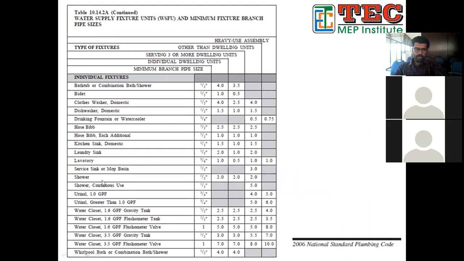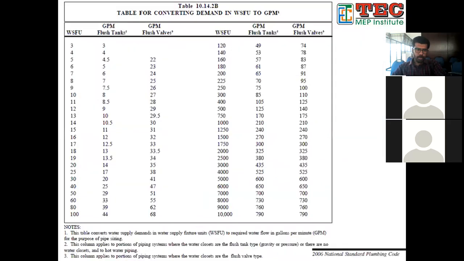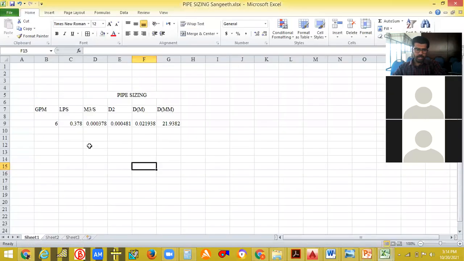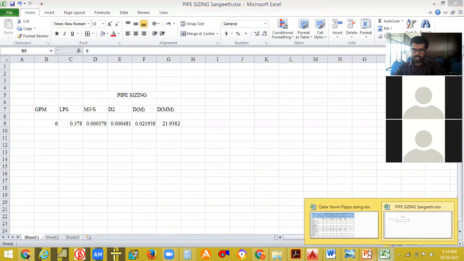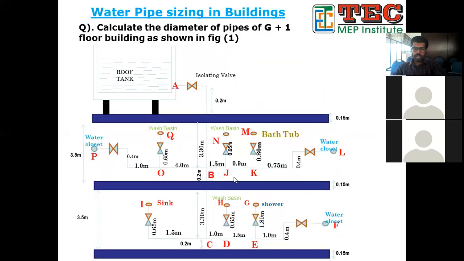If you get 6.5, find the GPM. 6.5 means you can take 7. For 7, 6 is the GPM. For 6, 21.9 itself is the pipe size, so 25. So the pipe size of JK is 25 mm. Similarly, you have to find it for JN, BJ, OB, OQ, OP, and AB.